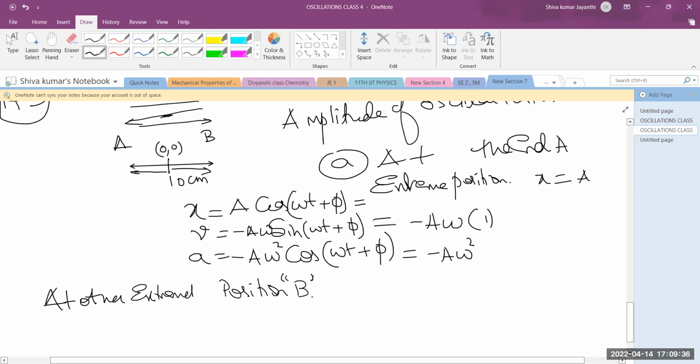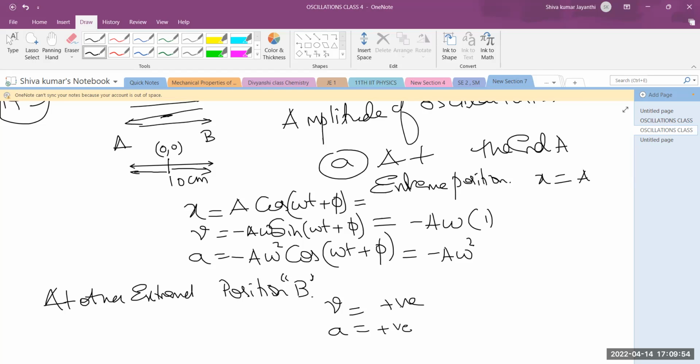Reverse. What happens here will happen in reverse there. So whatever happens at A, the reverse will happen at B, is it or not? So those two questions are important, so I brought them.